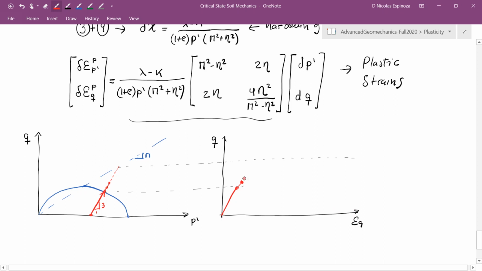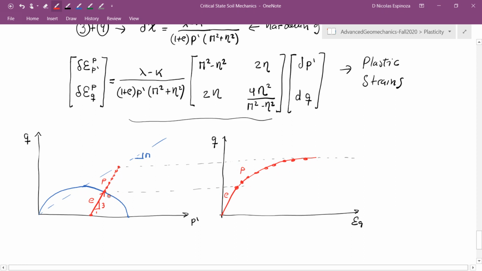And this is going to be the first interval, then the second, and so on until you get to the critical state line. And this is going to look like this, where all this section is computed with the plastic part. So the first section is elastic, the second section is going to be plastic.